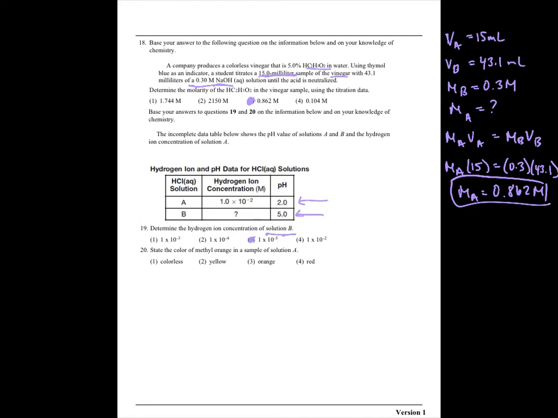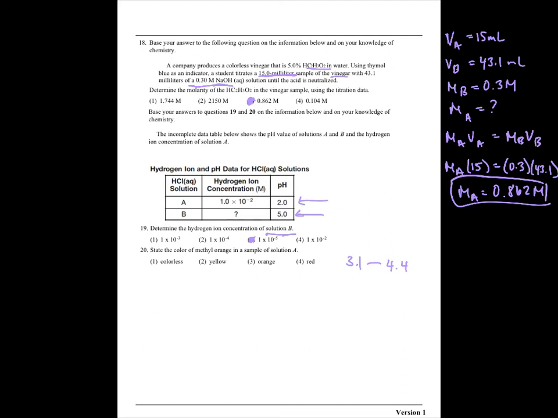Number 20, state the color of methyl orange in a sample of solution A. So methyl orange itself has a range of 3.1 to 4.4, if I'm remembering correctly. Maybe I'm a little off. So because our color changes from 3.1 to 4.4, the pH of 2 is already below the range.